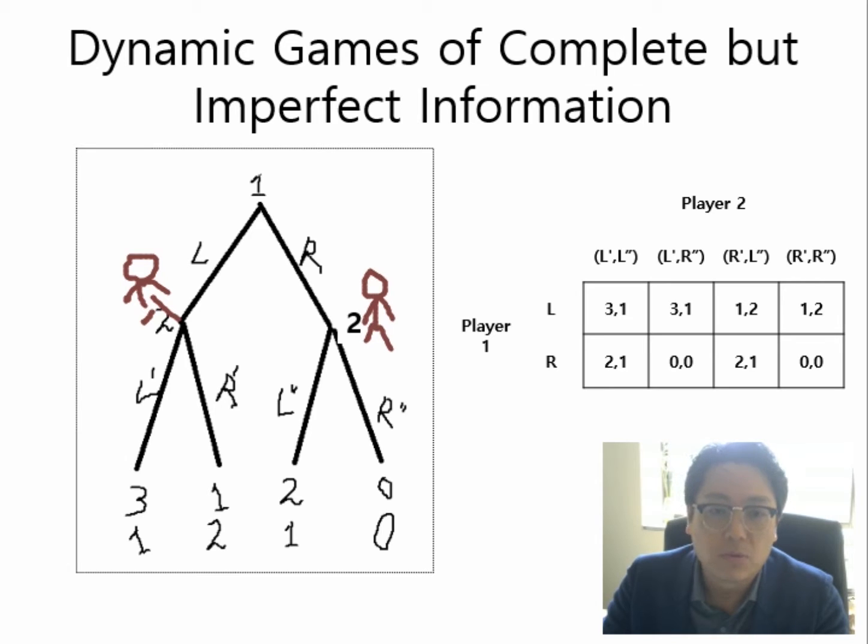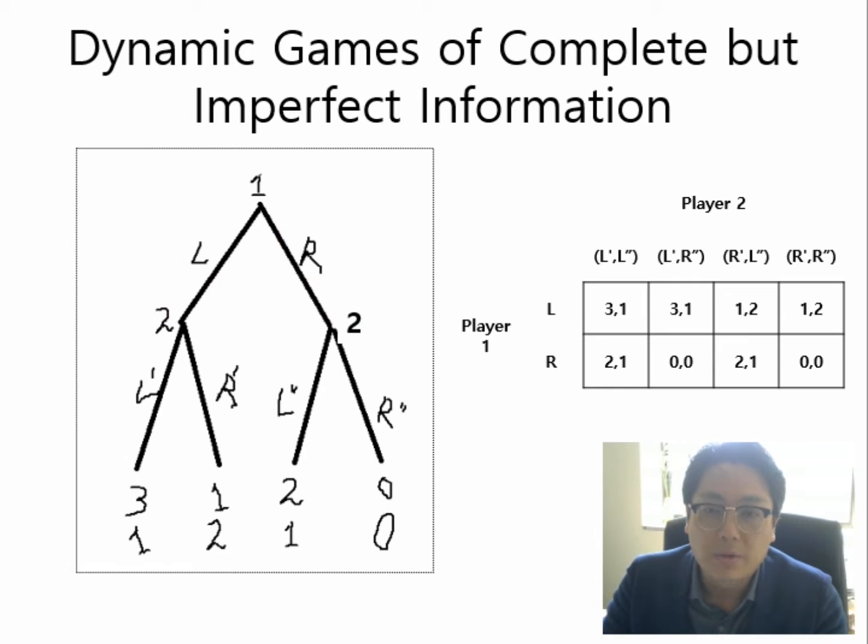For example, the information that this player has at this node is that the first player played L. At this node, the second player has different information, such that the first player played R. So the information levels are different at these nodes.